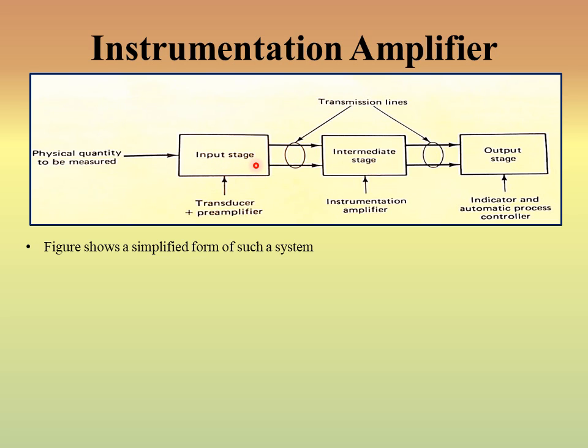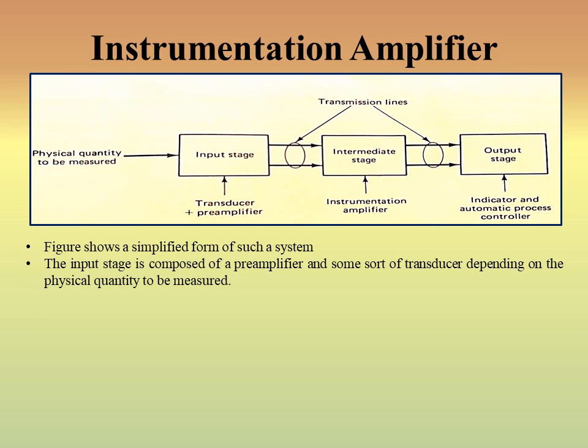One block represents the input stage, the second block represents the intermediate stage, and the third is the output stage. The intermediate stage is the electronic circuit that behaves as an instrumentation amplifier. The input stage is composed of a preamplifier and some sort of transducer. This transducer is used according to the physical quantity that is to be measured.